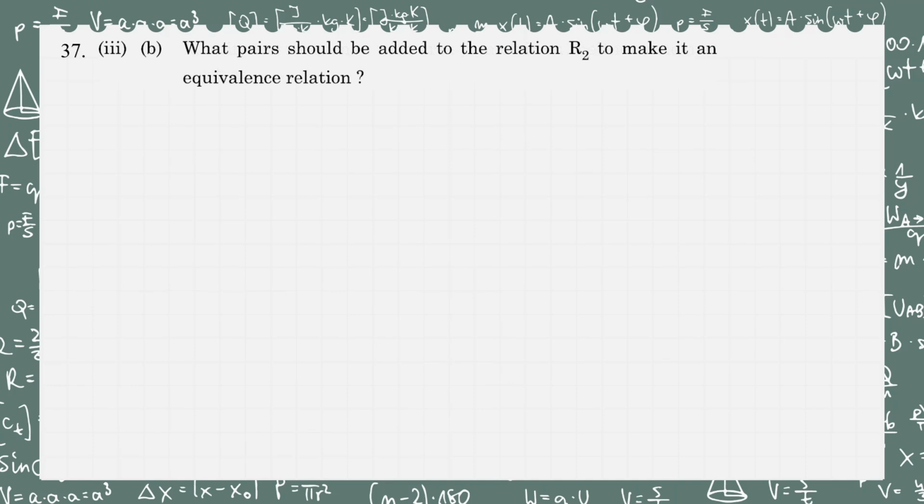Let's move on to the next subdivision. What pairs should be added to the relation R2 to make it an equivalence relation? Let us write our R2 relation given. So R2 is given to be 1 2, 1 3 and 3 2.